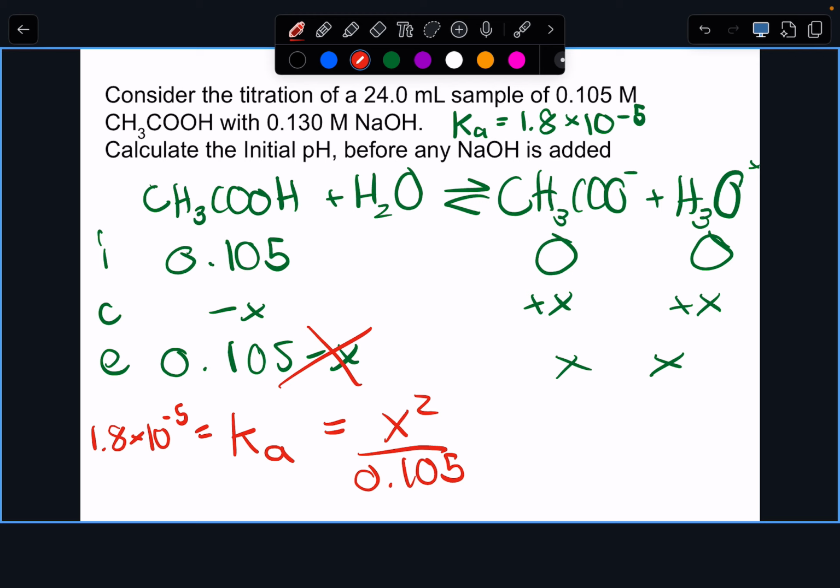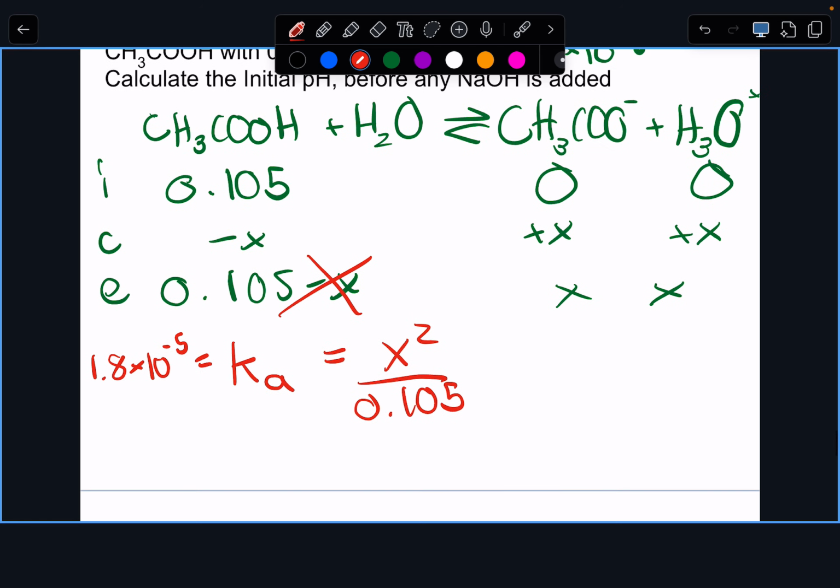I know it's been a while, but it's actually the easier of the calculations. So go ahead and solve for X and solve for the pH.